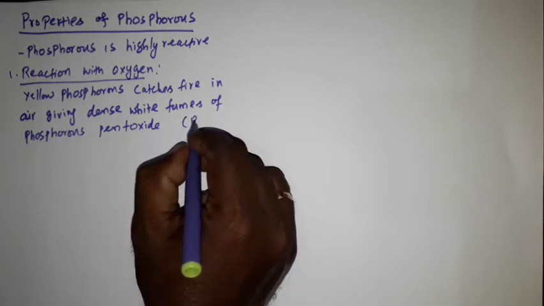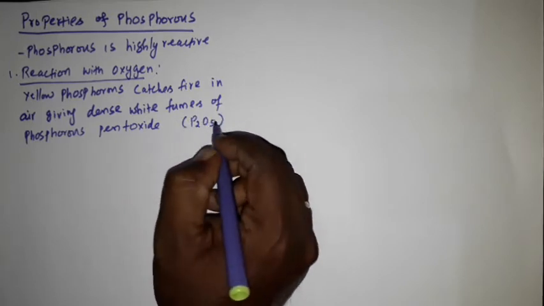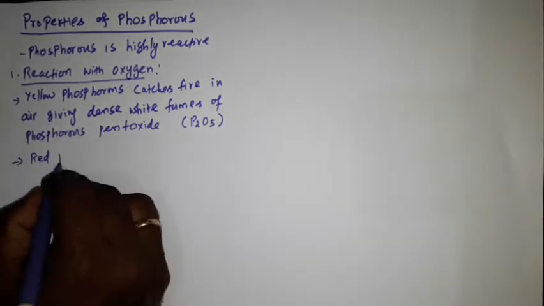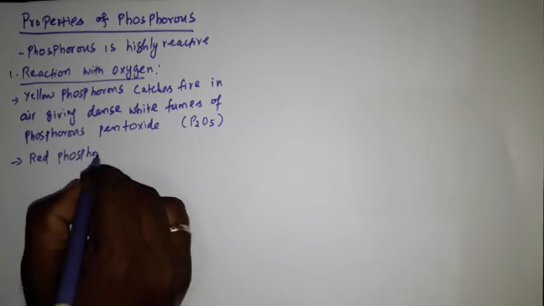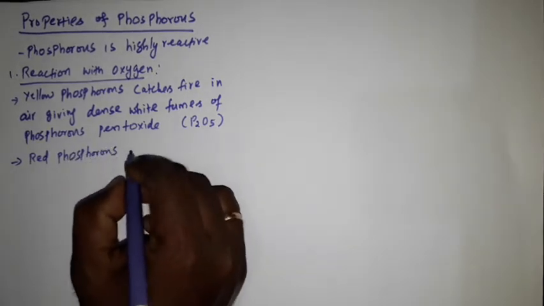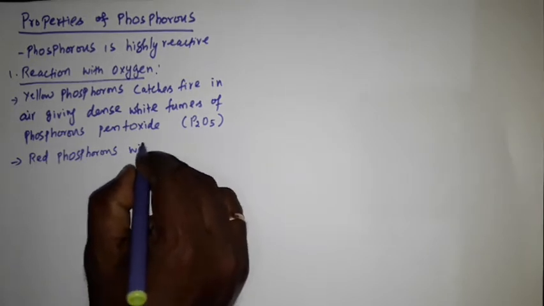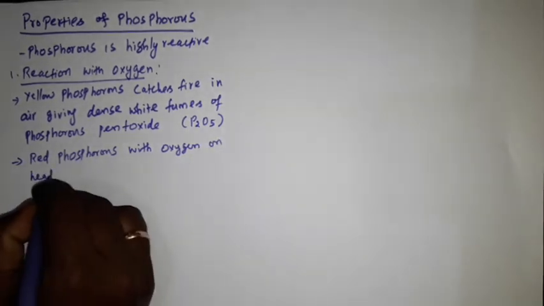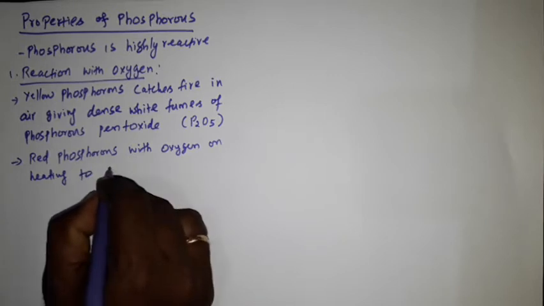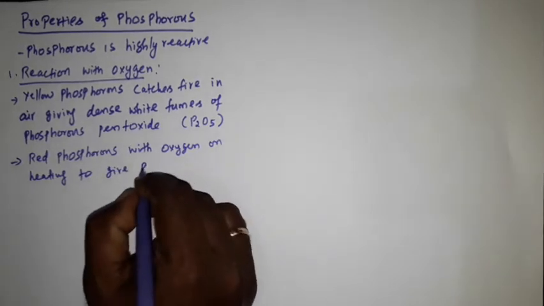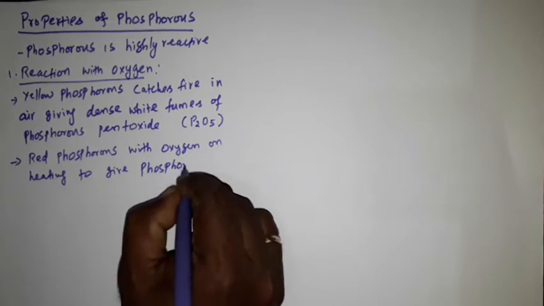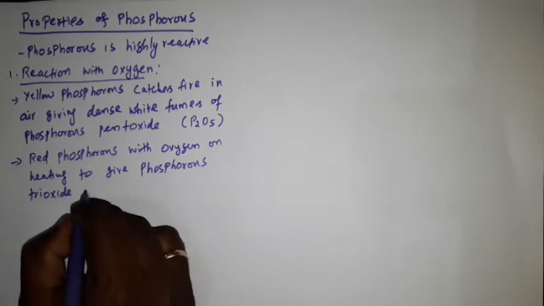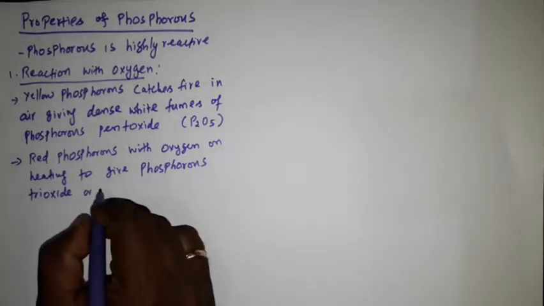Penta means 5, so the formula is P2O5. Whereas red phosphorus reacts with oxygen on heating to give phosphorus trioxide, or phosphorus pentoxide also it can give.